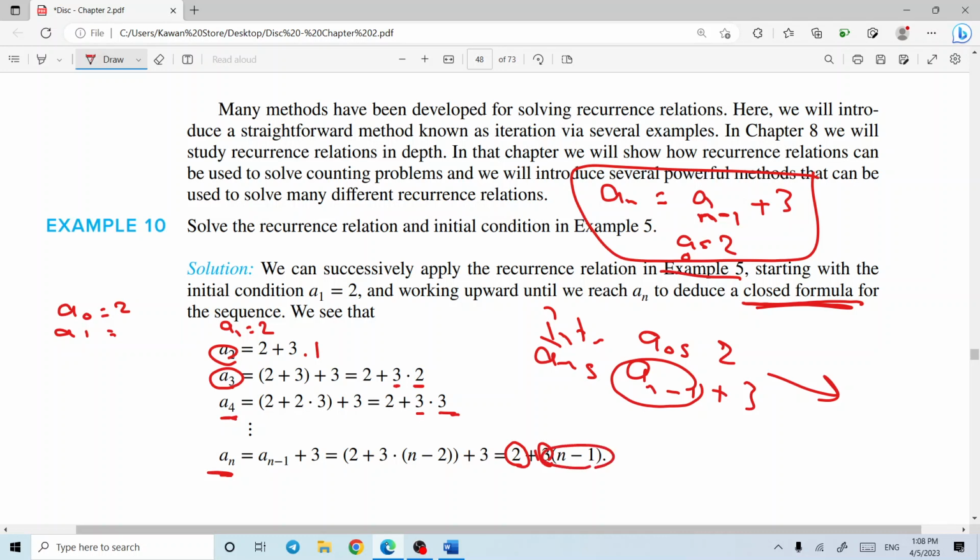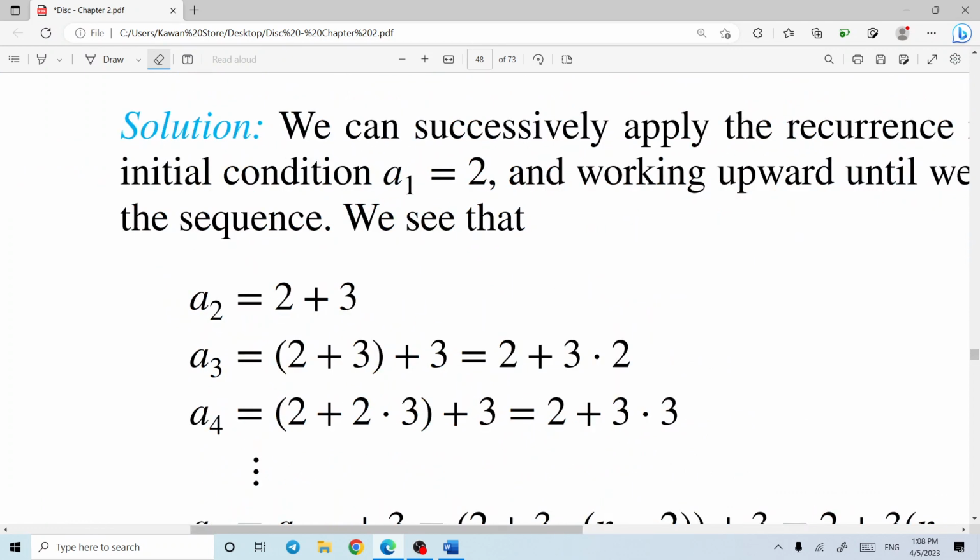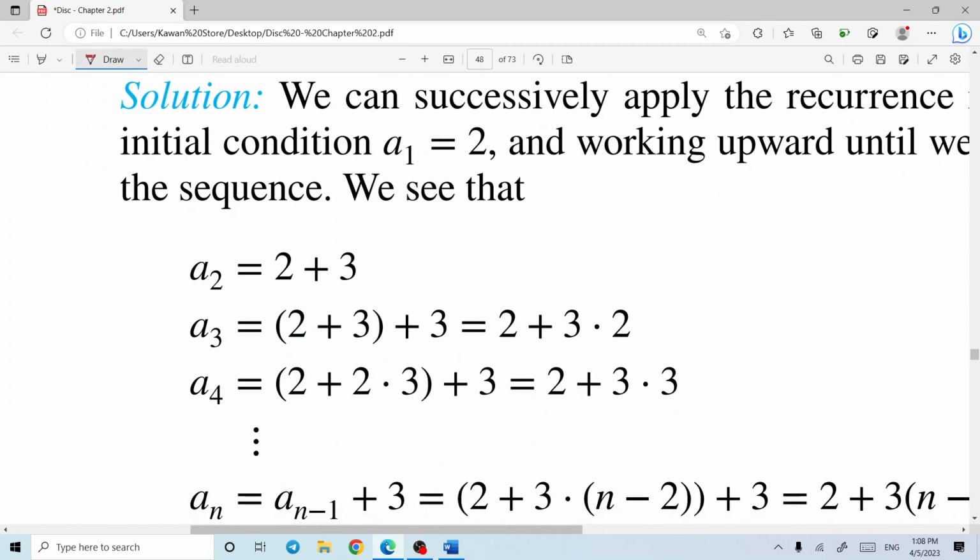Which one? We are going to find the general one. Look, I'm going to find the general formula. Just look at me. a_1 equals a_0 plus 3. Then a_2 equals a_0 plus 3 multiplied by 2. Look, here is 3, here is 2.